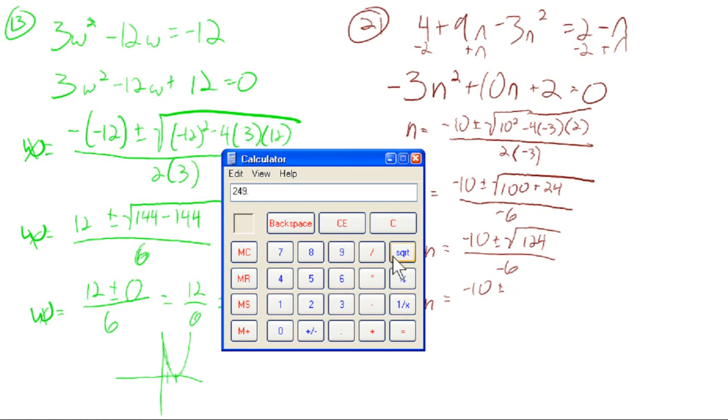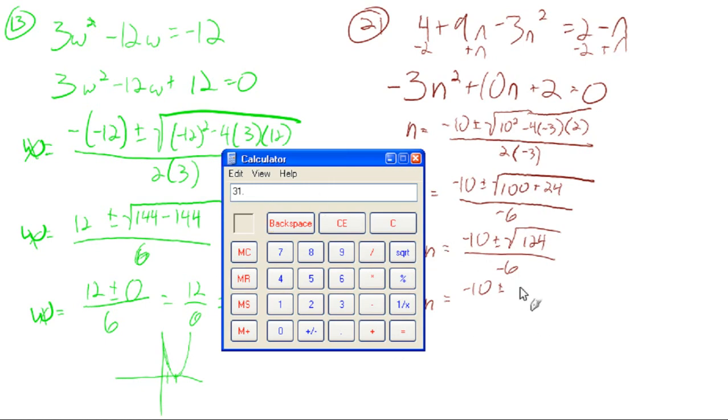Maybe, no. 124, maybe divided by 9, no. 16, 25 is not going to work. 36, maybe. No, so let's see, 124 divided by 4, 31, definitely, that's the only possibility, because 31's prime, it can't break down any other way.